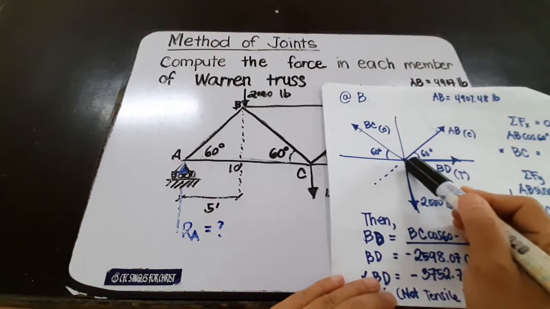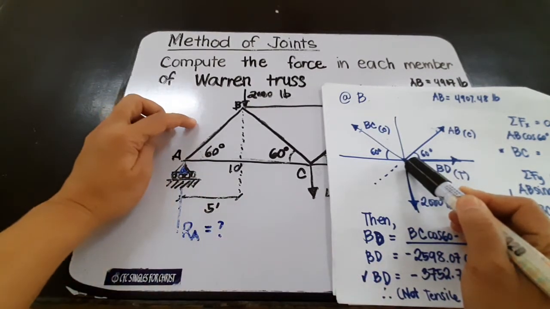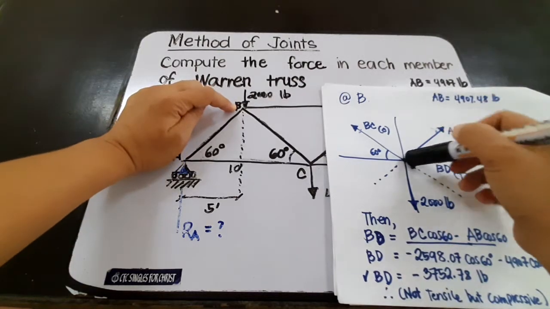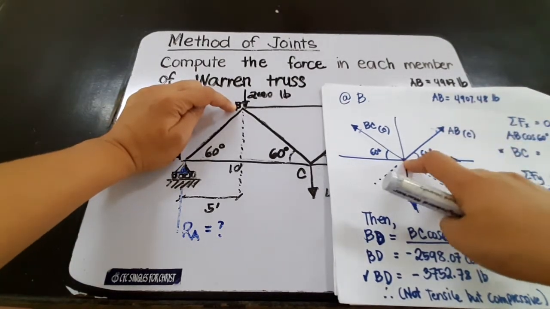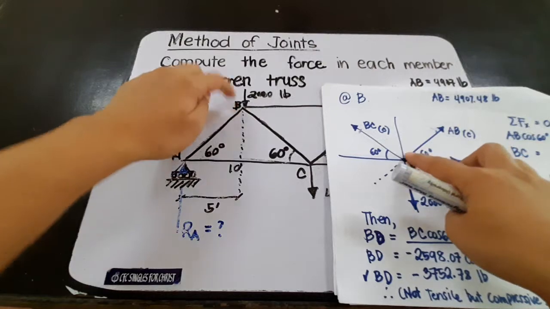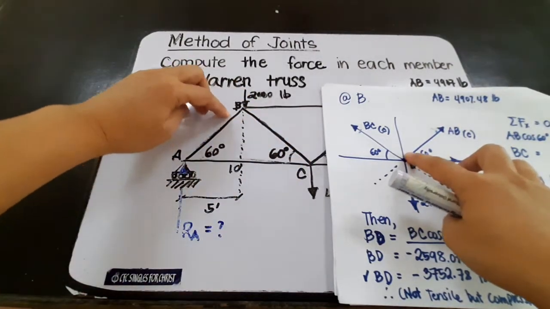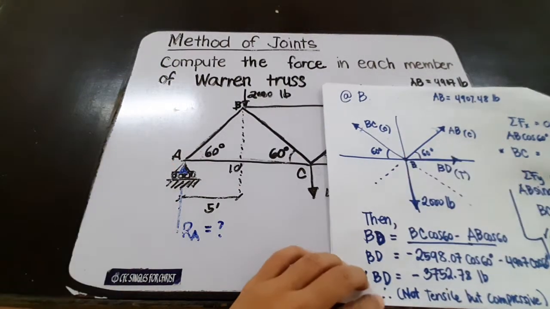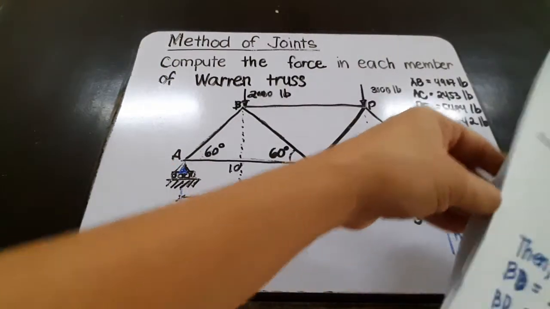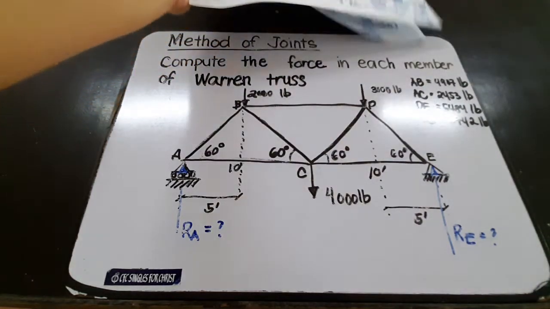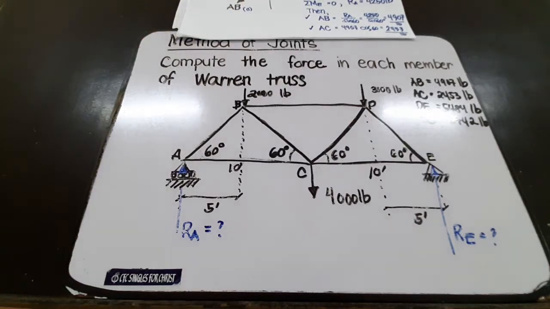Having joint B, we have to assume again the direction of this AB and BC. But we have solved earlier that AB is a compressive force.